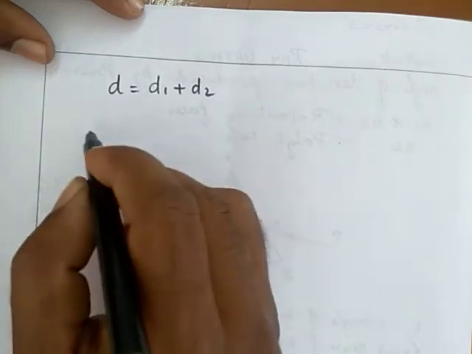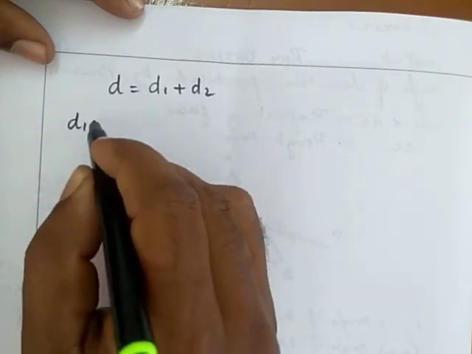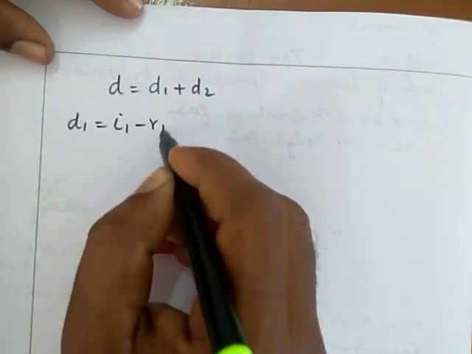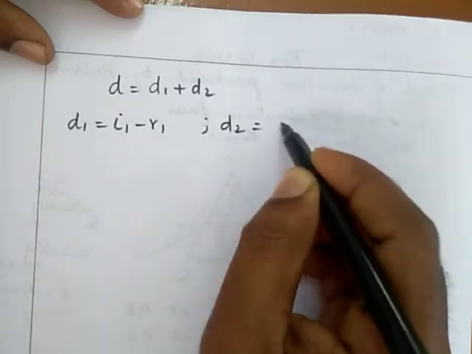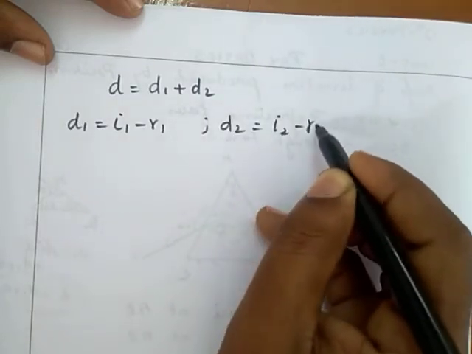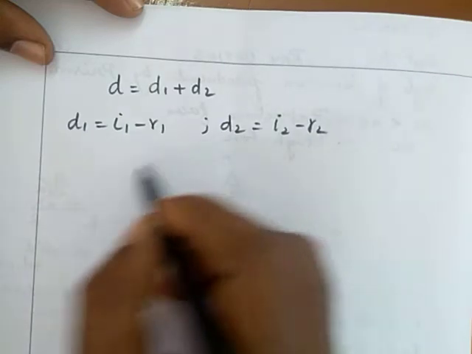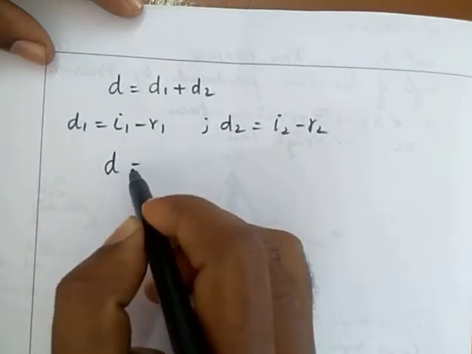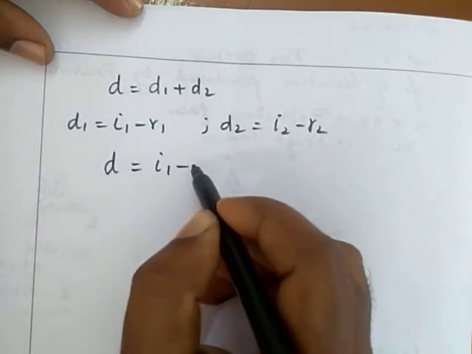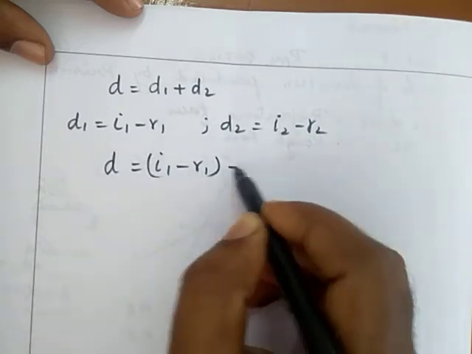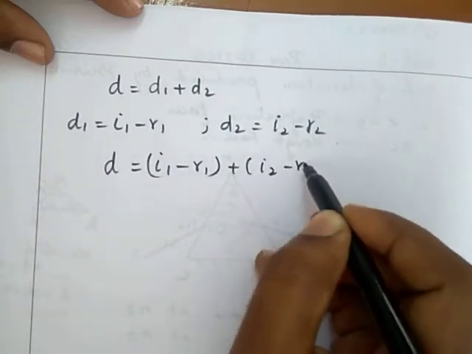We know very well D1 is equal to I1 minus R1 and D2 is equal to I2 minus R2. Substituting in the above expression, we get the angle of deviation D is equal to I1 minus R1 plus I2 minus R2.